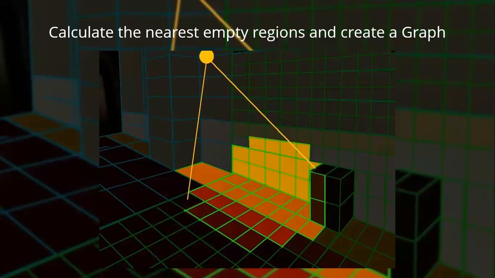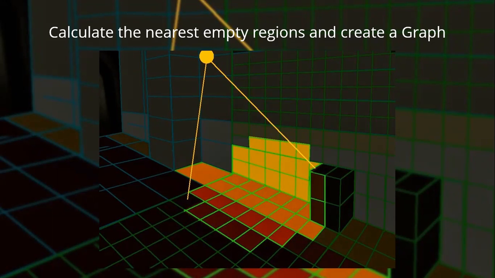Okay, so for the third step, we need to calculate all the neighboring nodes of an empty region which are available and also empty. This is a very tricky step because all of our empty regions are not of the same size. If an empty region is really big, it can be surrounded by a lot of small empty regions, so it would have a lot of neighbors, and we can't really calculate how many neighbors a single empty node has.